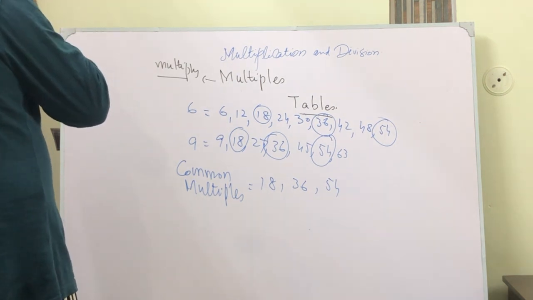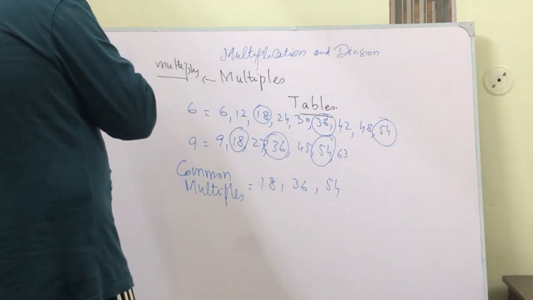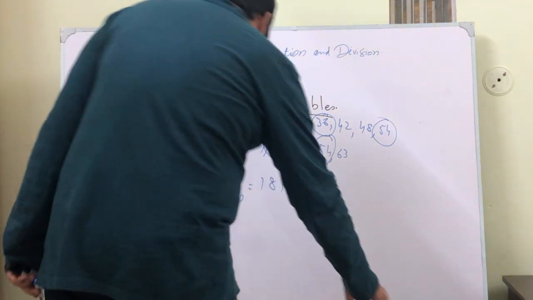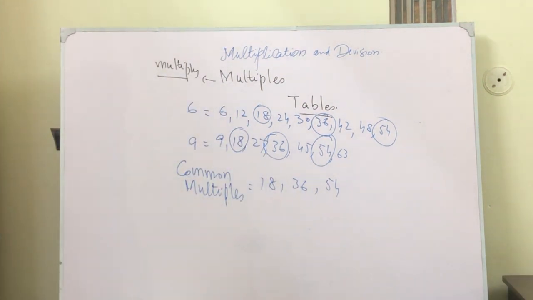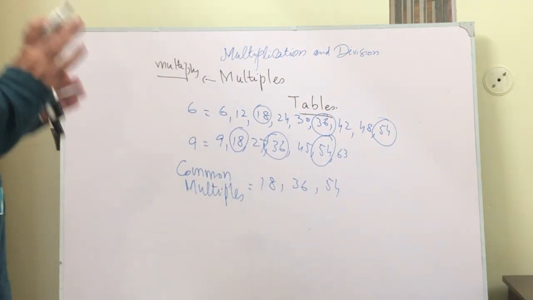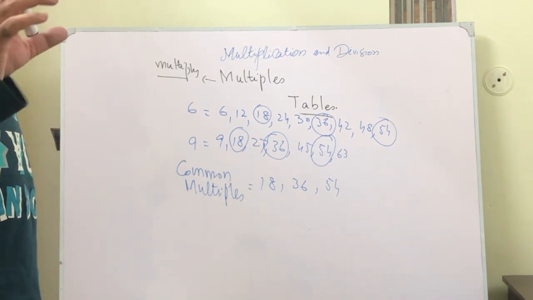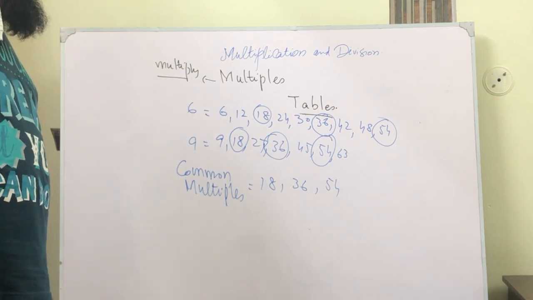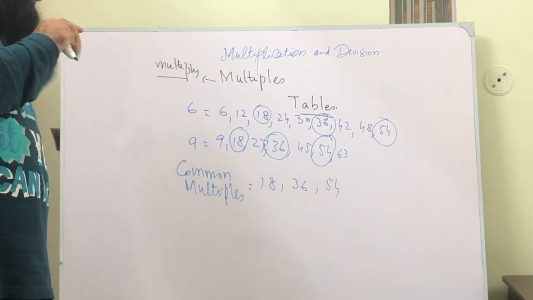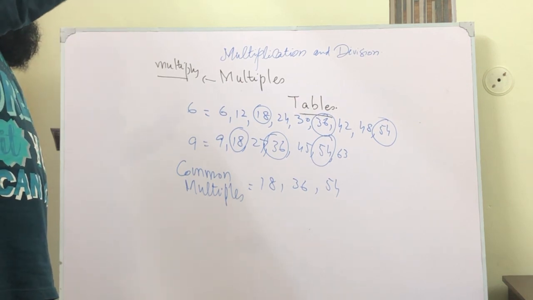After that, we move to question number 9 on page number 34. List the first 10 multiples of 4 and 6. First 10 multiples means we need to just write the table of 4 and 6. 4 ones are 4, 4 twos are 8, 4 threes are 12, like this up to 4 tens are 40.